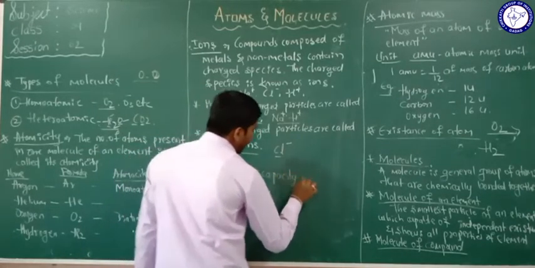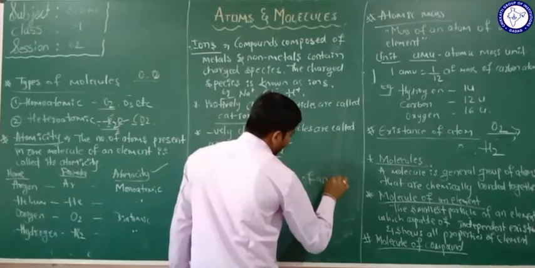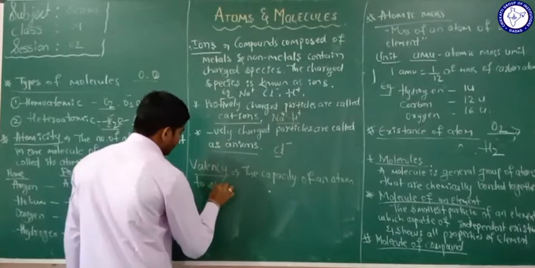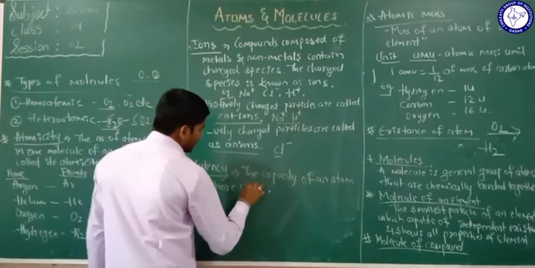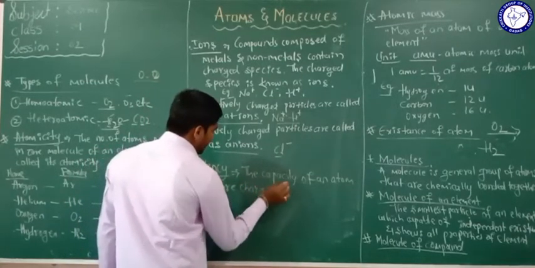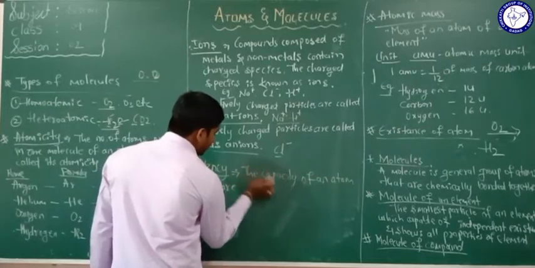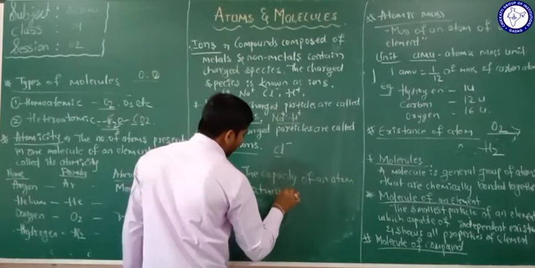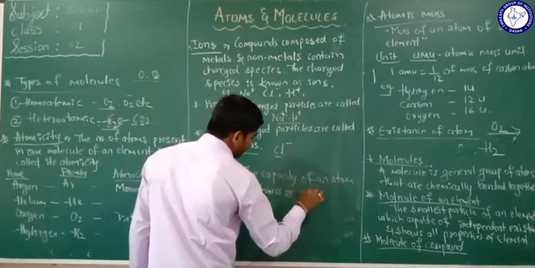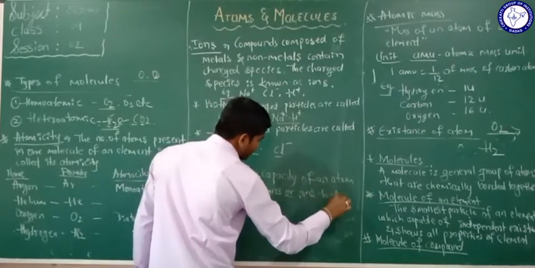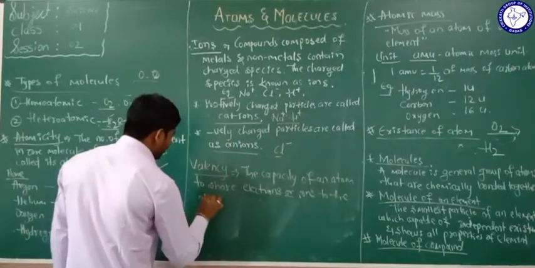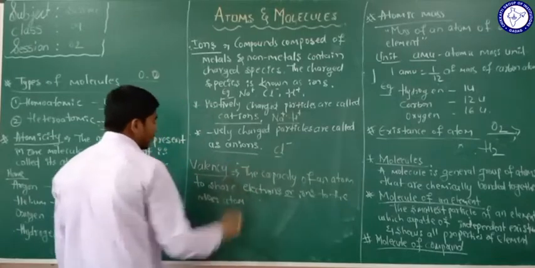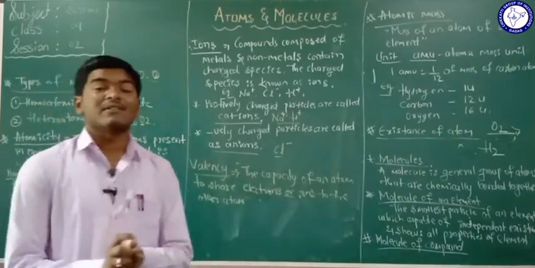The capacity of an atom to share charges, to share electrons or ions with the other atom, is known as the valency of an element or the valency of an atom.